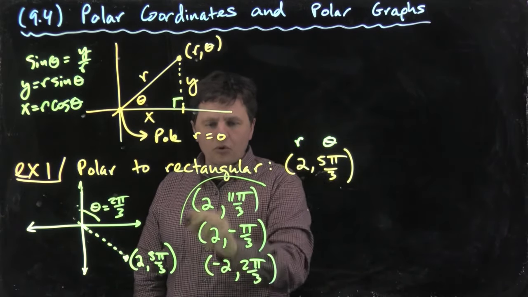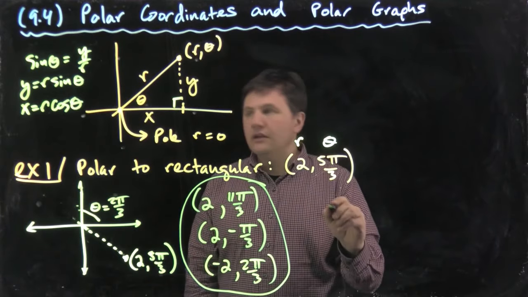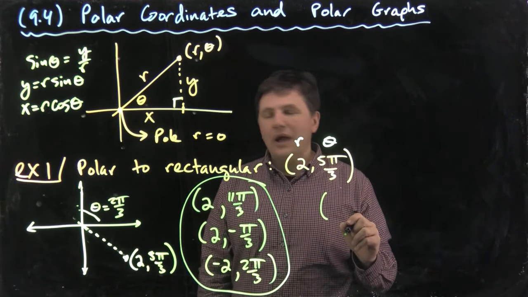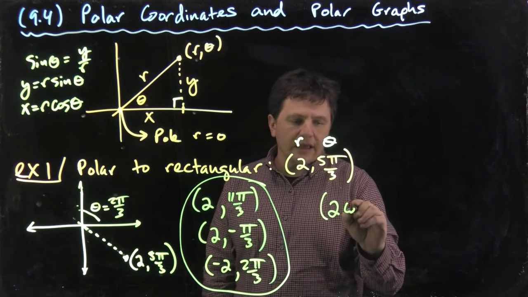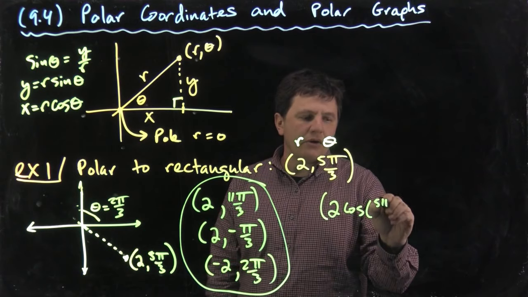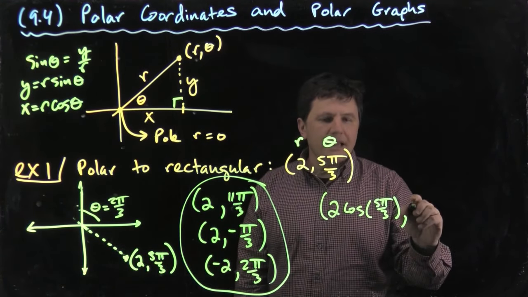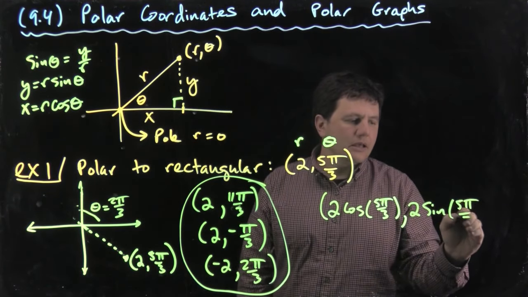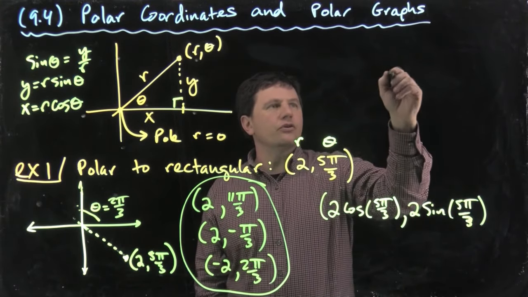So these are all our polar coordinates. Our rectangular coordinate is going to be, x is r, so 2 times cosine of 5 pi over 3, comma, then 2 sine 5 pi over 3. Now with the sine and cosine, I'm going to go to the unit circle.